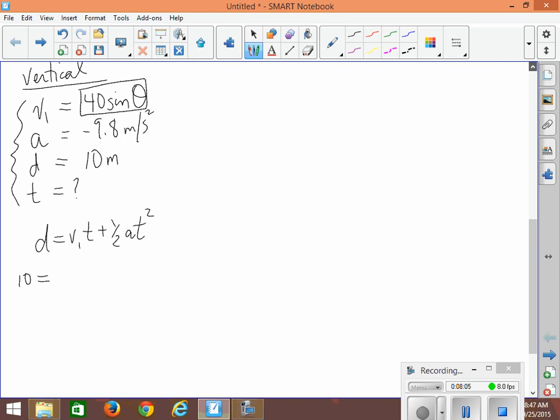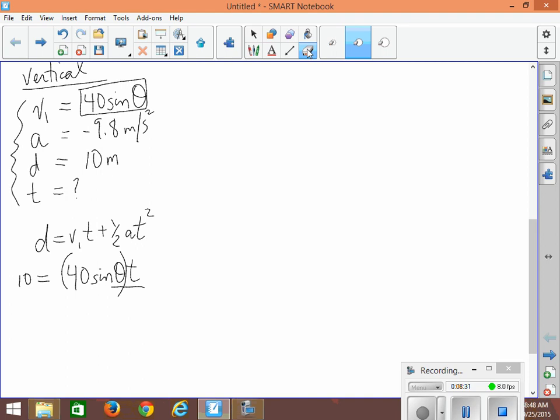But I'm going to do this in a kind of a funny way. Don't write this part down, but watch what happens if I just substitute 40 sine theta and then multiply by t. It becomes confusing if the t is part of the sine function argument or if it's a separate term. Now we could put brackets here, that would help, but brackets tend to confuse things. So because it's all being multiplied, it's all of this multiplied by t, one of the things we can do is just write that a little bit differently.